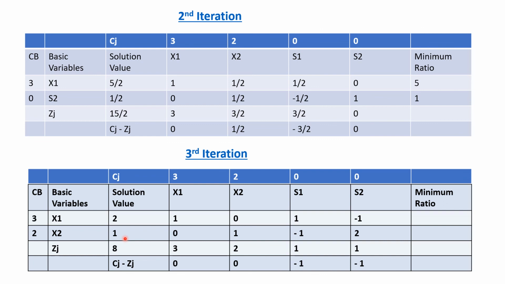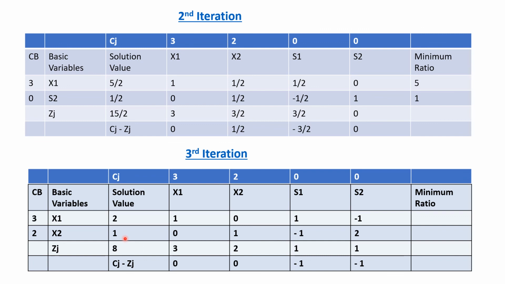graphical method. I hope you will appreciate that with each iteration actually I have jumped from one corner point to the other. So first my Z value was 0, I was not happy with that. Then in the next iteration, I got a Z value of 15 by 2, that is 7.5.